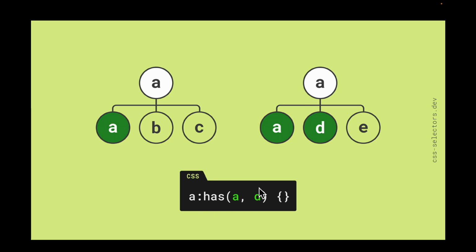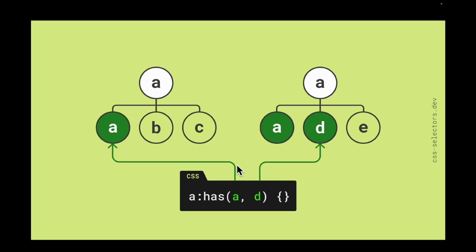Now, let's take a closer look at this selector with the has pseudo-class. We provide A and D as argument values for the has pseudo-class, comma separated. This argument will check if it has either A, so this one and this one, or a D element, which is this one.